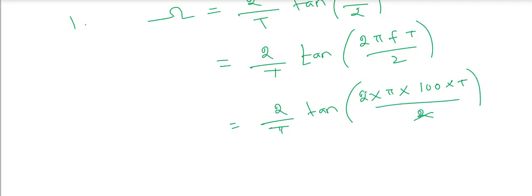This 2 will be cancelled. T is also given: T is equal to 1 by Fs.